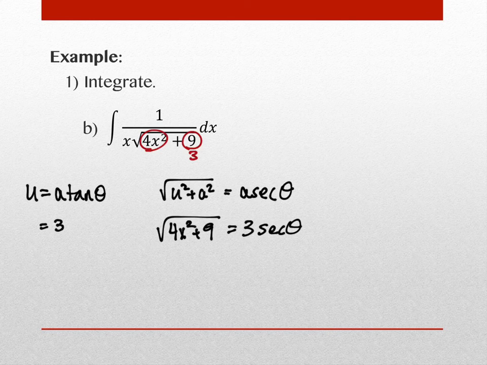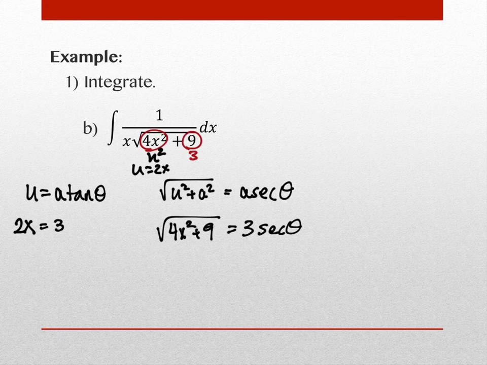And the u is actually equal to, not x, sorry, 2x here. So this piece right here, which is u, is 4x squared. So my u squared is 4x squared, which means my u is actually 2x.